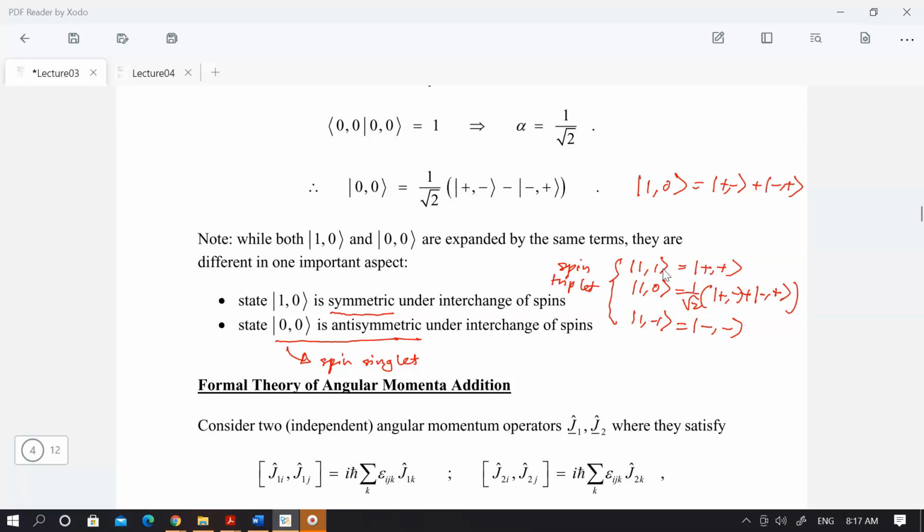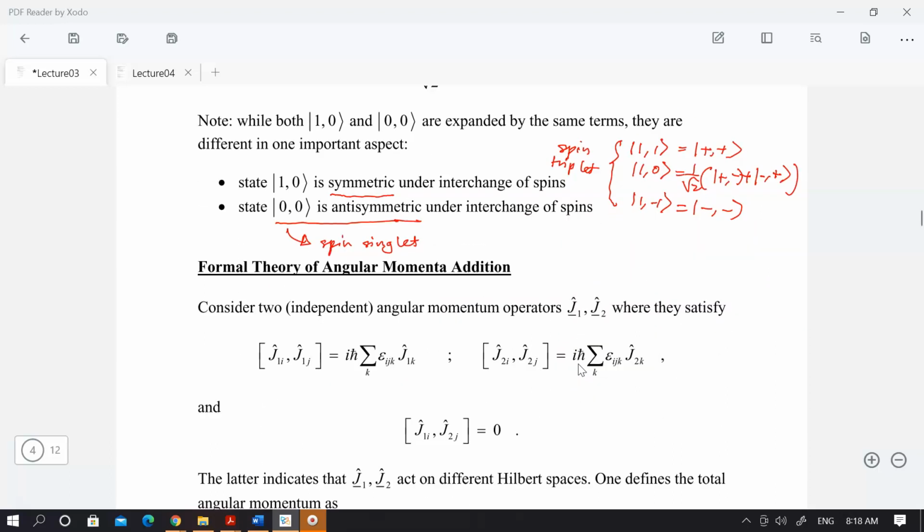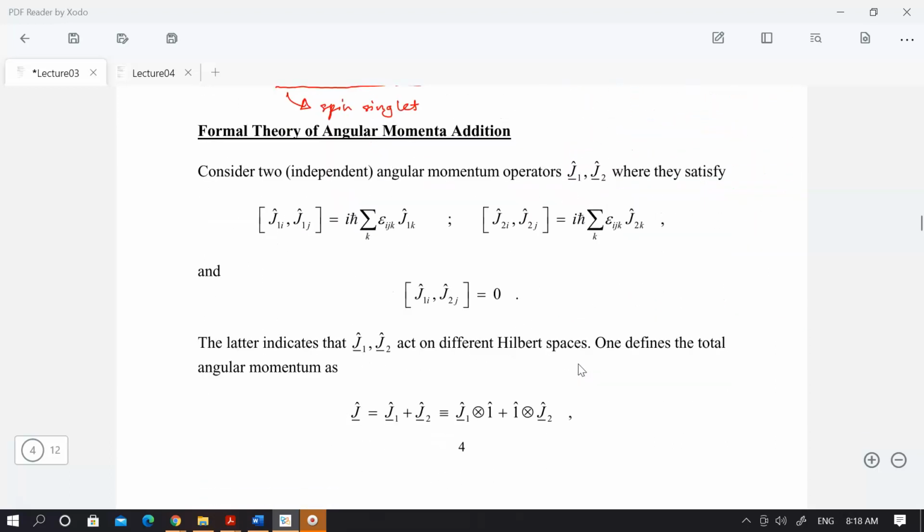Okay, so let me just end it there, and then we start doing the formal theory in general. In the general case, you would have a general angular momentum operator J1 and J2, where each of J1 and J2 has three components.